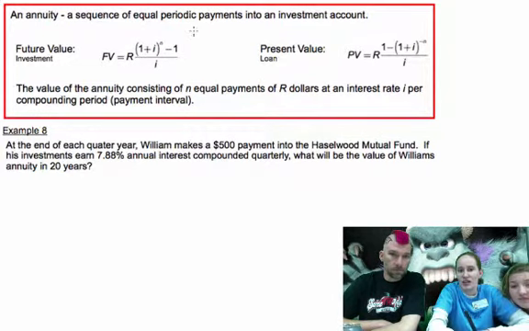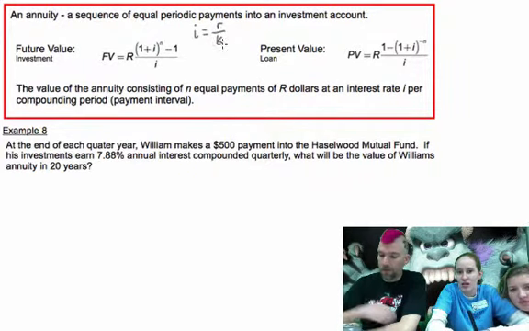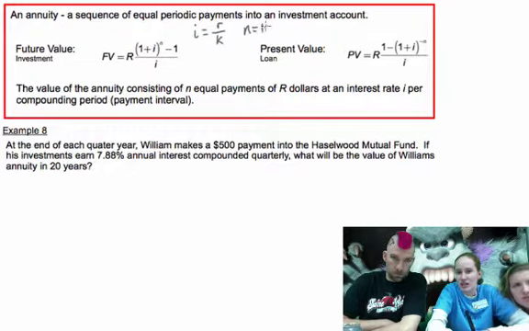The I is the interest rate per compounding period, so that's going to be r over k. And then the n is going to be k times t, the number of times in a year that we compound.